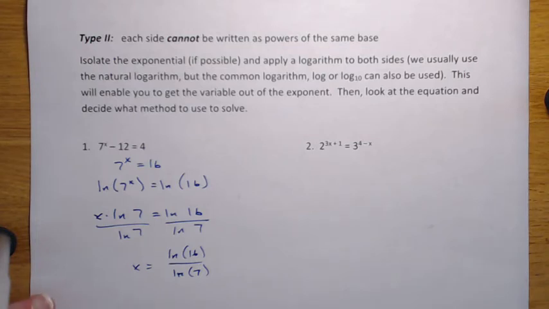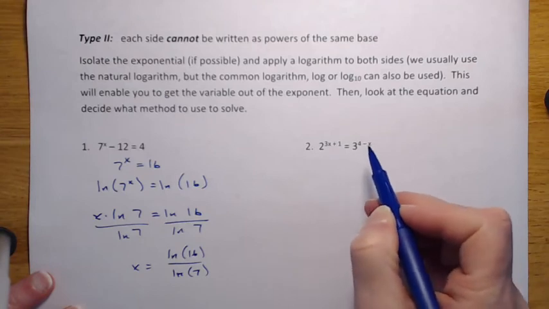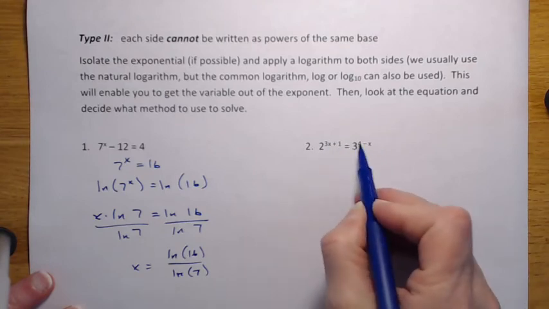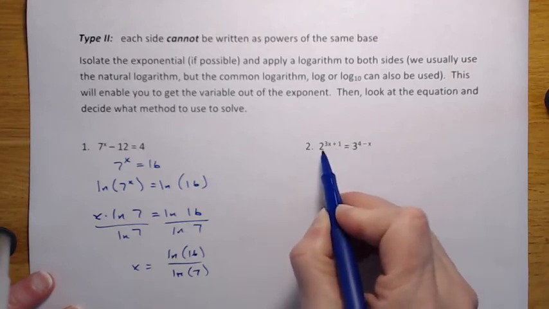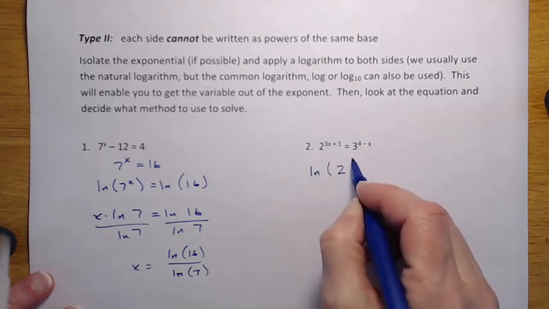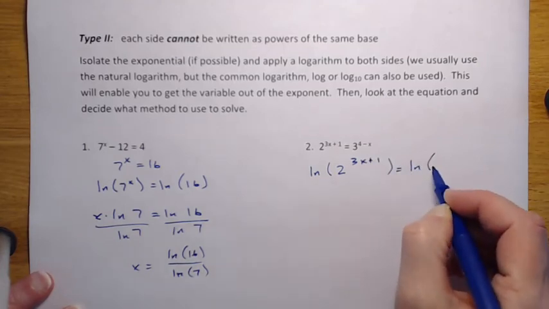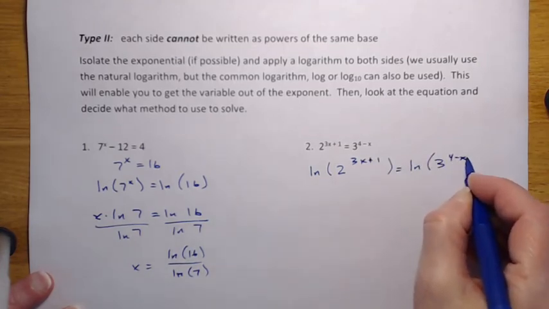And then for this one, again, we have two exponentials. The best I can hope for is at least they're both by themselves, isolated on each side. But as long as one is, I can apply ln to each side. So ln of the left, ln of the right.